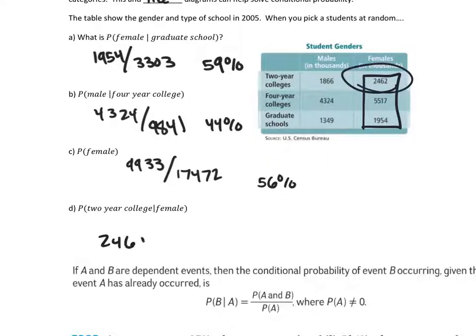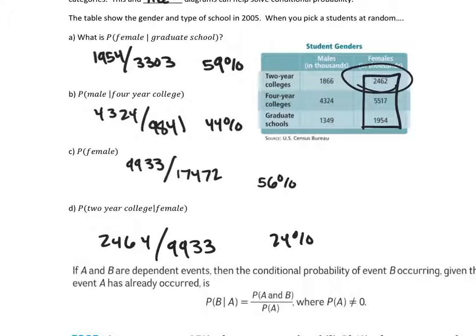So we'll have 2,462 divided by the total number of females added together, which was 9,933. And when we divide those, we get 24%. So we know that 24% of the females attended the 2-year college.